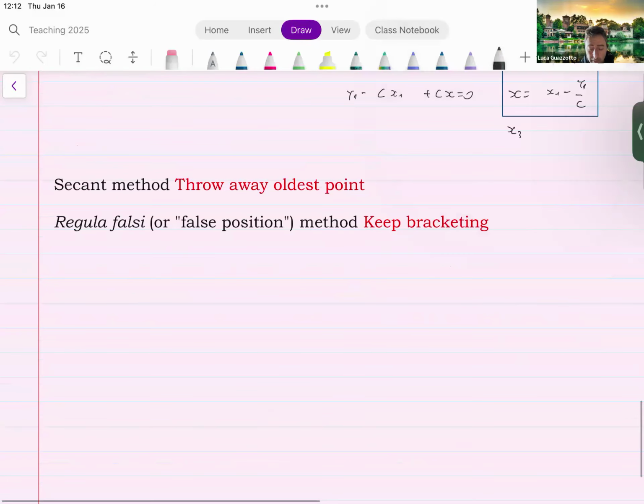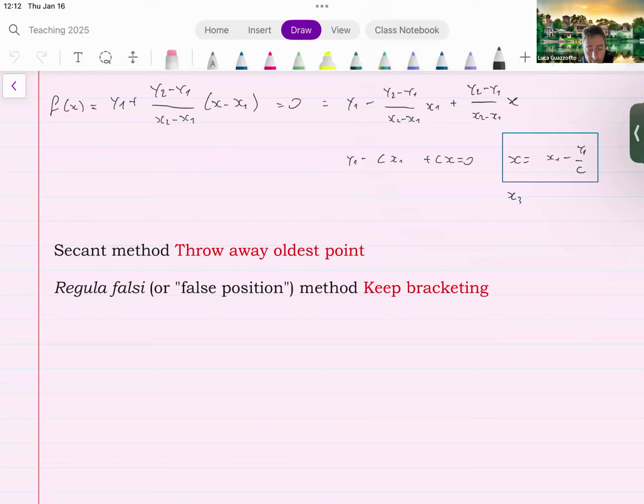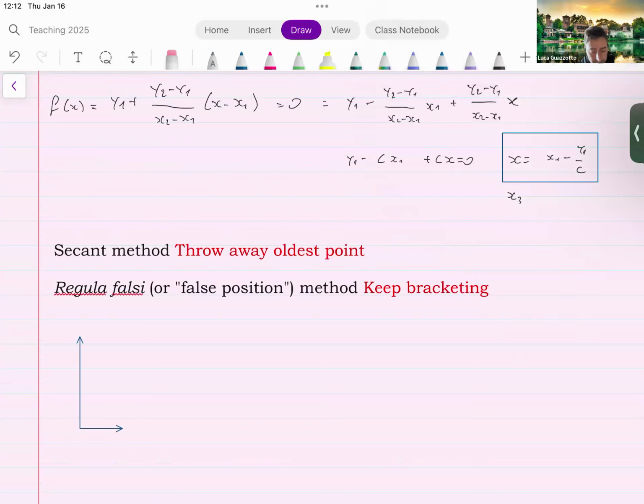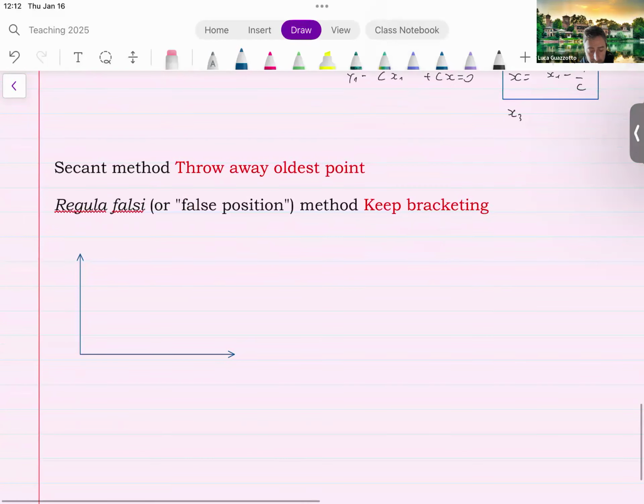Just one more thing in the couple of minutes we have left, and then we'll see the examples. But here's how this works. Should be straight lines.